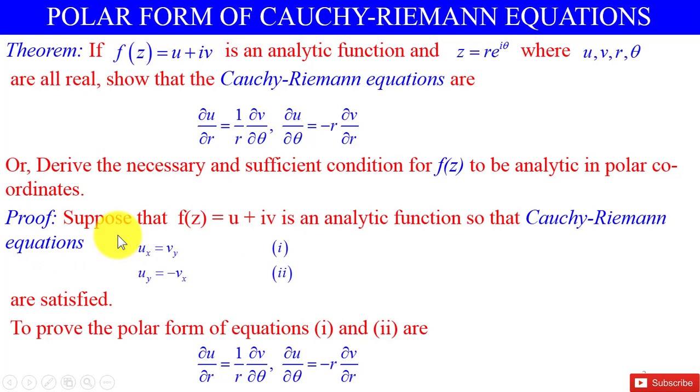Proof: suppose that f(z) = u + iv is an analytic function. Then the Cauchy-Riemann equations u_x = v_y and u_y = −v_x are satisfied.